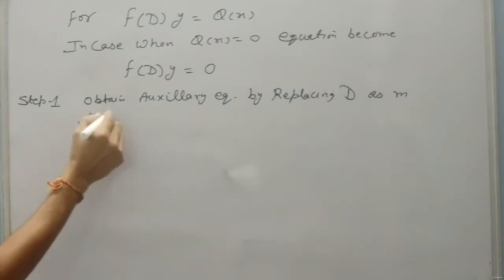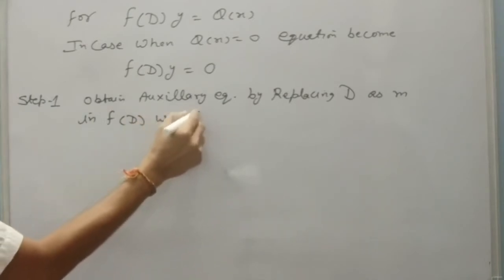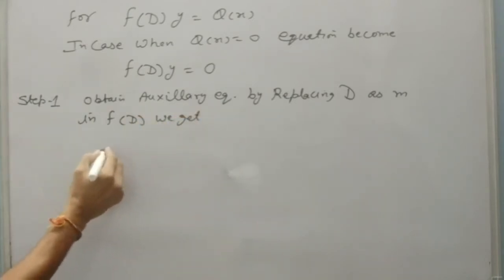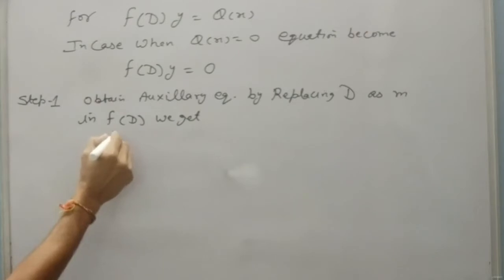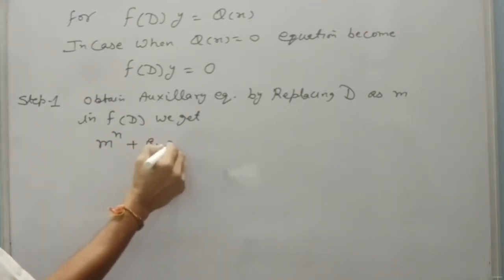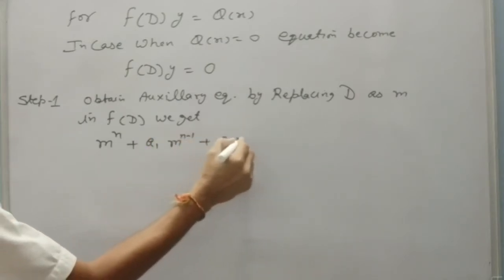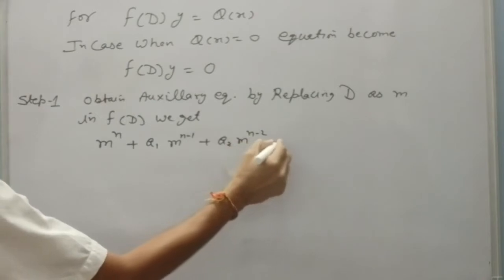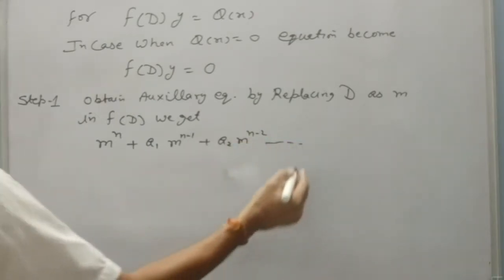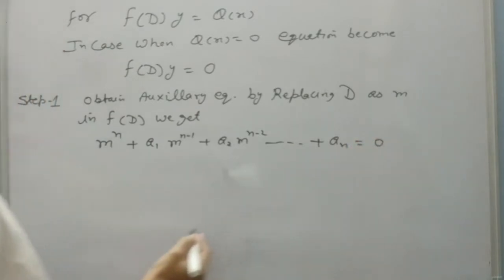We get the equation a0 m^n + a1 m^(n-1) + a2 m^(n-2) and so on, plus an equals 0.